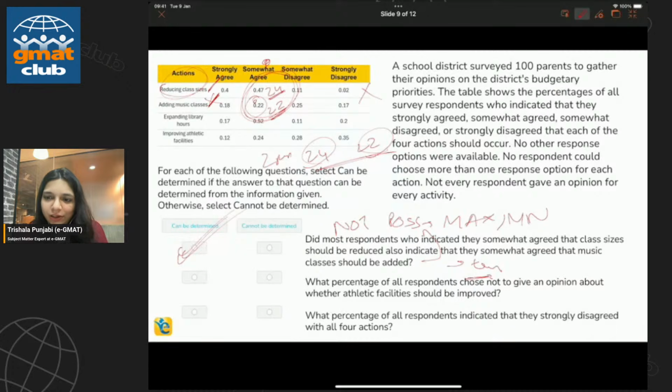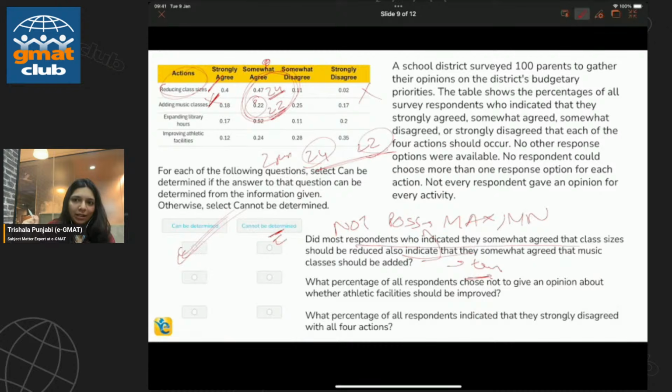So we don't know if they're the same or not, but since 24 is more than 22, whether they're the same or not does not matter, as the numbers don't match. Correct. So would the answer still be cannot be determined even if it was 24? No. If it was 24, it would be cannot be determined because they could be the exact same people. Because they're both 24, they could be the same set of 24 people.